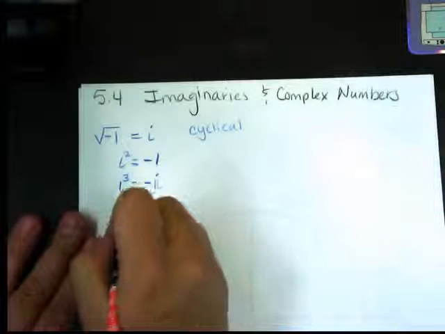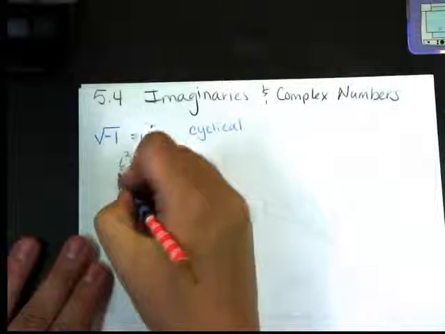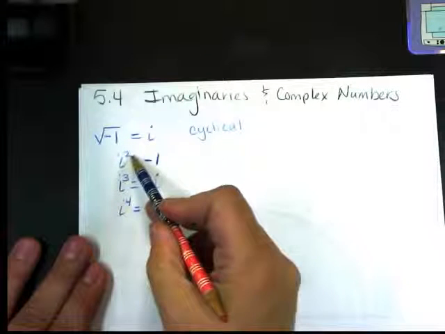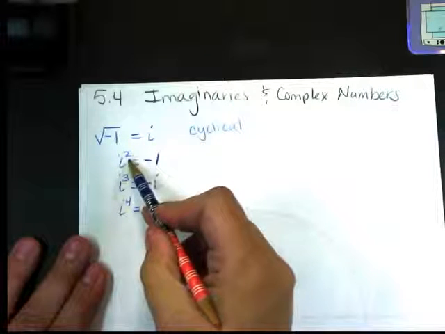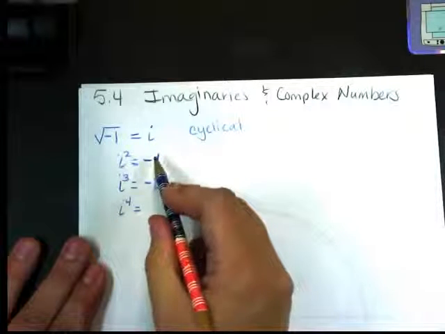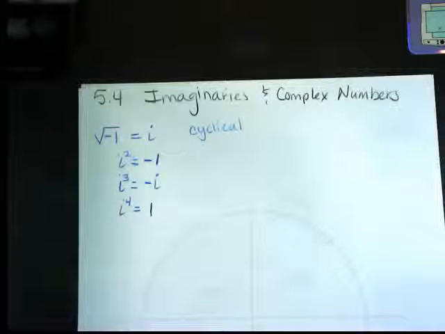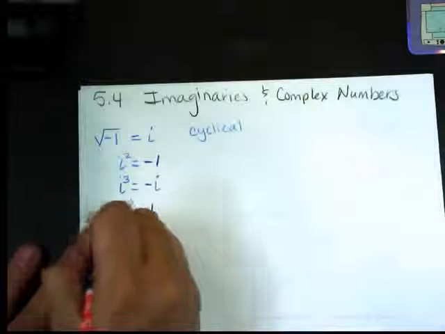And we have i^4. Well, i^4 is 2 2's, right? i squared. So i^4 is really -1 times -1, which is +1. Well, that's also the same as i^0, right?